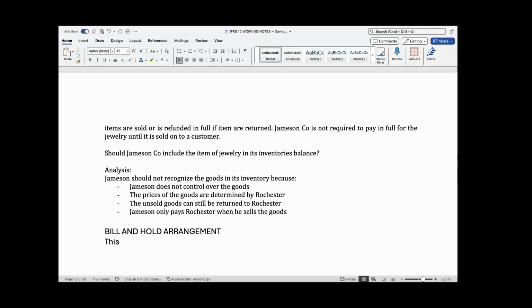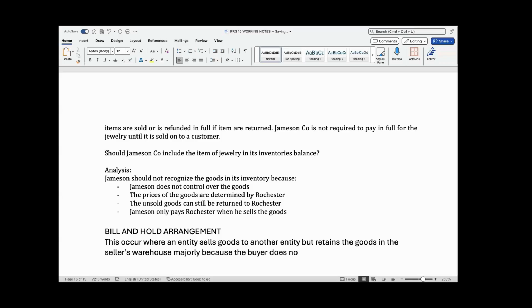So bill and hold occurs where an entity sells goods to another entity but retains the goods in the seller's warehouse, majorly because the buyer does not have a storage space.